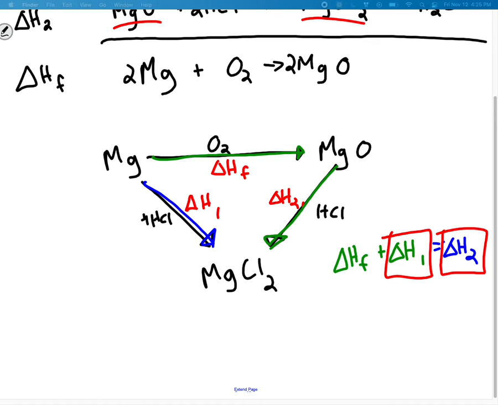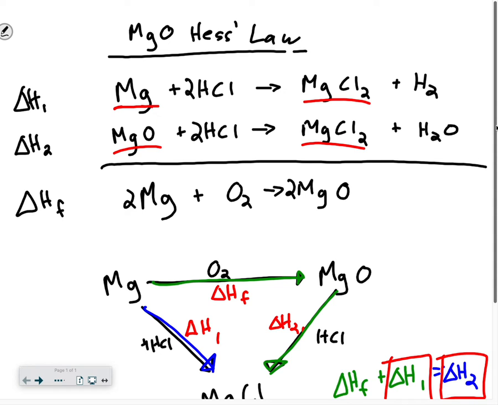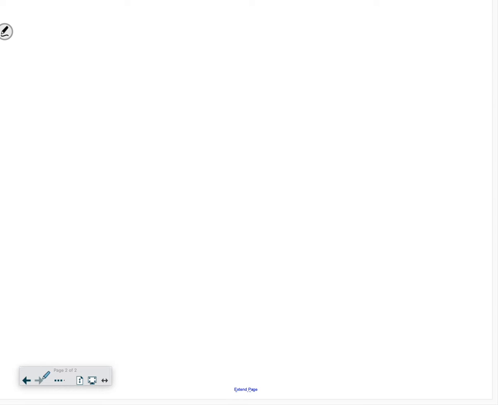And then you'll have to construct a data table for this. So let's think about what we're going to have to do. When we have a data table, this is going to be a calorimetry experiment. Remember, in a calorimeter, you guys are pretty familiar with this type of experiment.